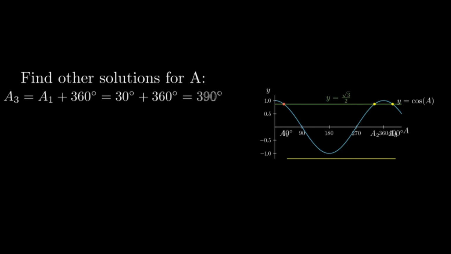Let's look at the graph. We can see that the principal solution a1 is outside our interval, but we can find another solution by adding 360 degrees to a1. This gives us a third possible value for a, which is 30 plus 360, or 390 degrees. Both 330 and 390 are within the 40 to 400 degree interval. So these are our solutions for a.